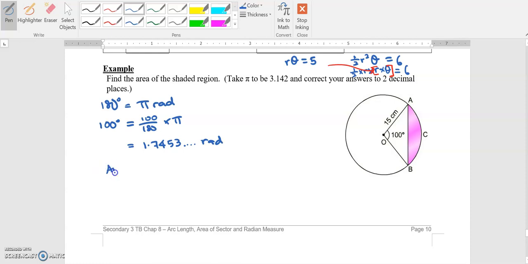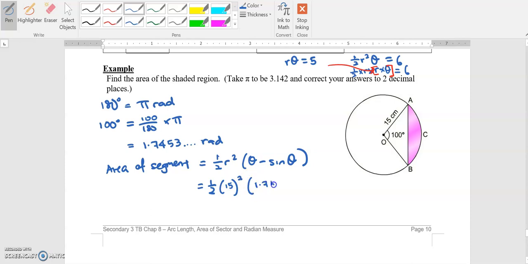Then from here, since I have it in radian mode, I'm going to find my area of segment with the formula half r squared, theta minus sine theta. Fill in the blanks: half r squared, theta in this case, 1.7453 and so on, minus sine 1.7453 and so on.